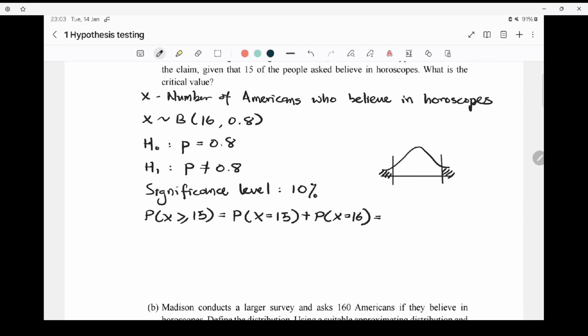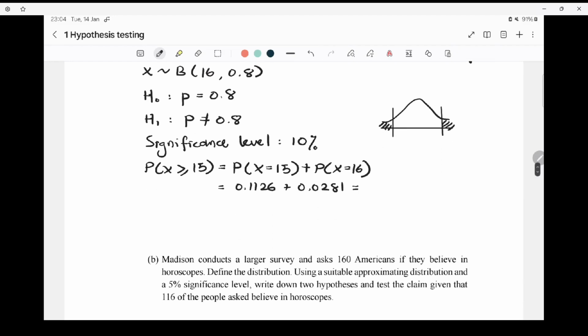The left side will be 0.1126. The right side, the 16 one, will be 0.0281. So this sums up to 0.1407.